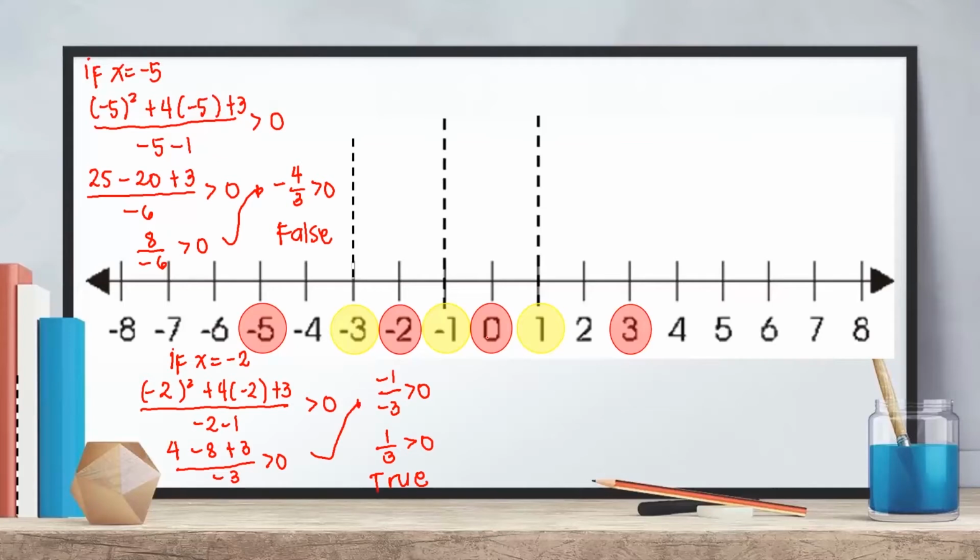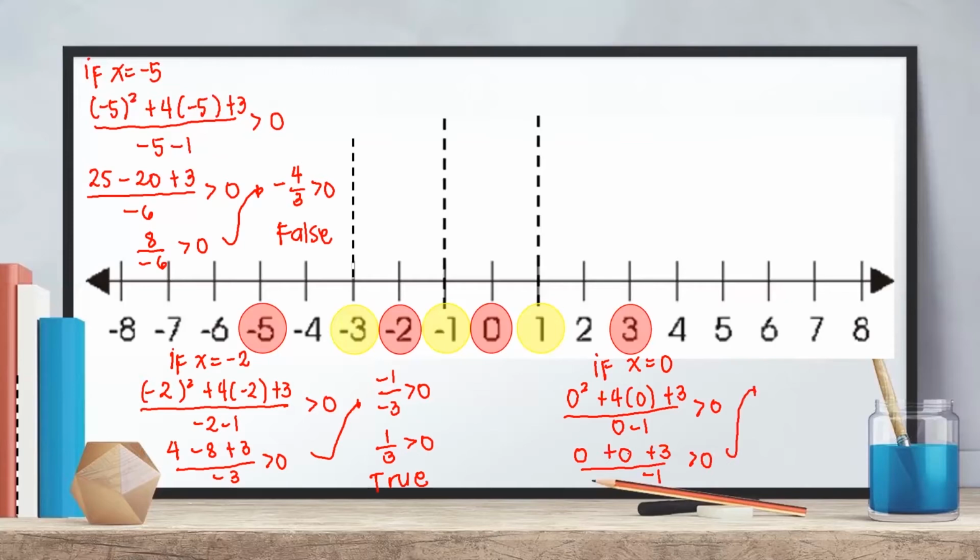For the next interval, we will be using 0. If x is equal to 0, then our rational inequality will become 0 squared plus 4 times 0 plus 3, all over 0 minus 1 is greater than 0. 0 squared is 0. 4 times 0 is 0, plus 3 over -1 is greater than 0.